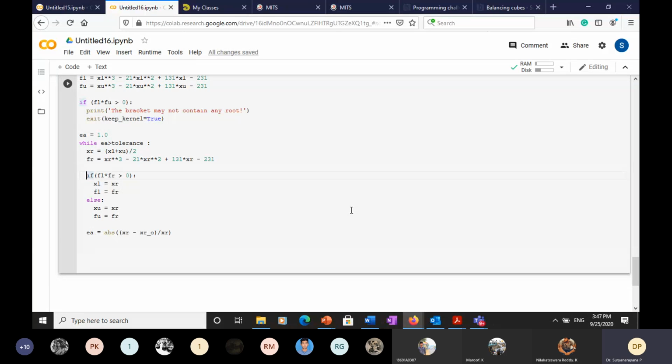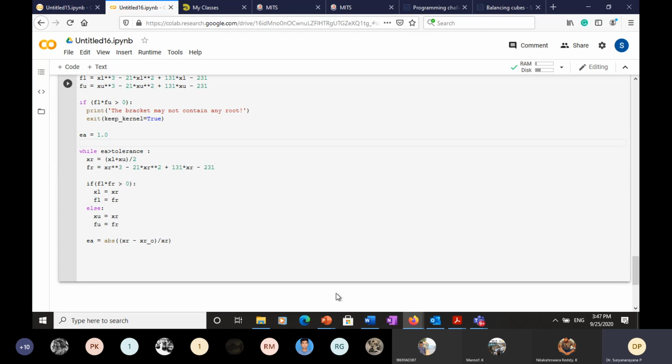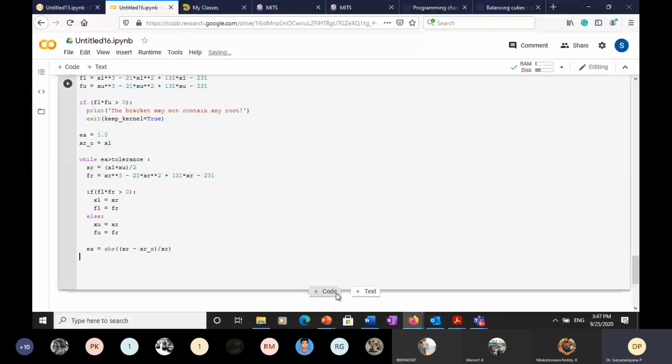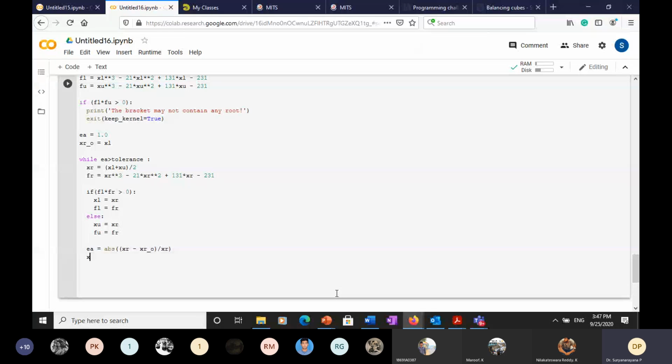I'll do one thing here. Initially there is no XR old, so I have to initialize it to something. XR old equals XL here. No, initially it's okay. So at the end of each iteration, XR old equals XR.